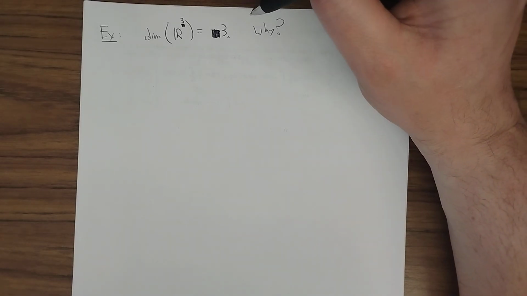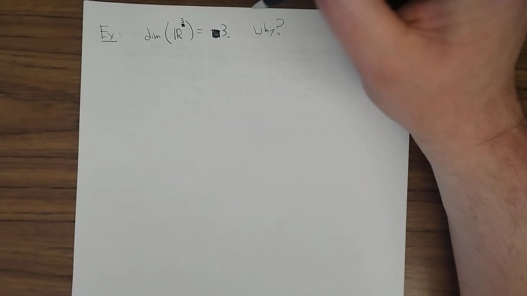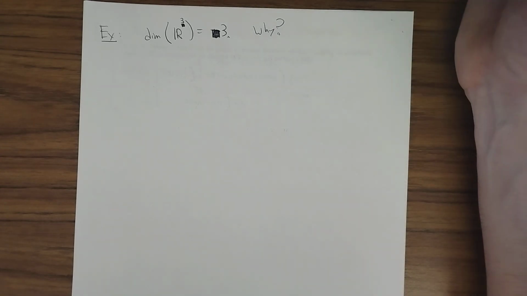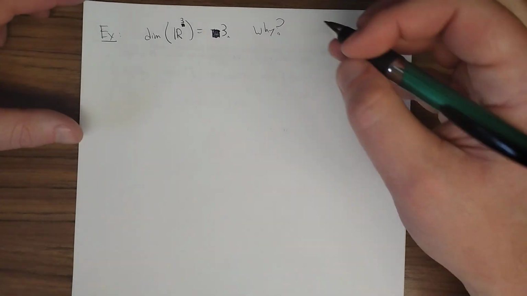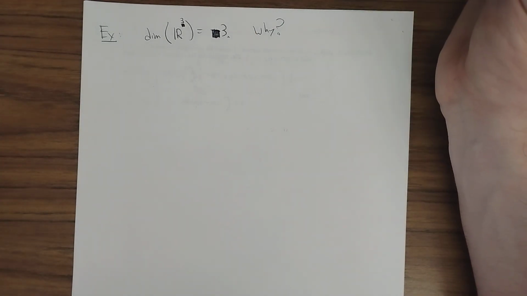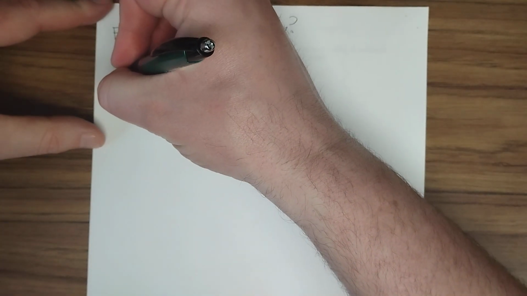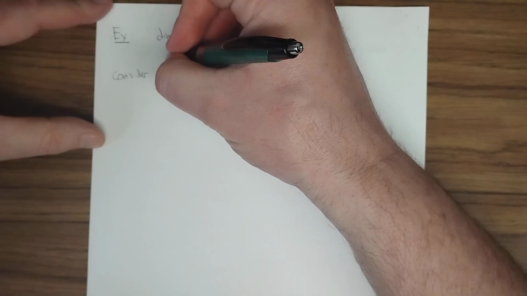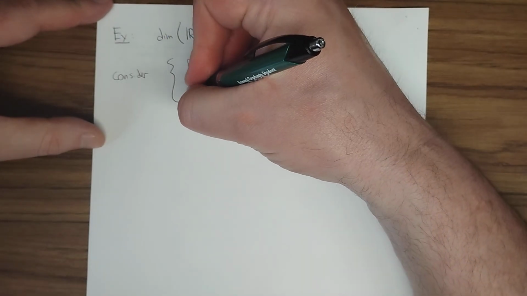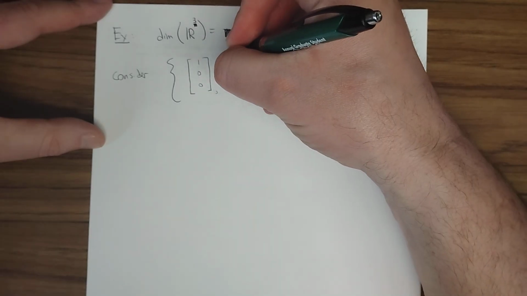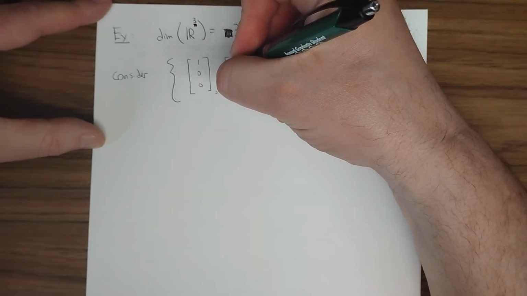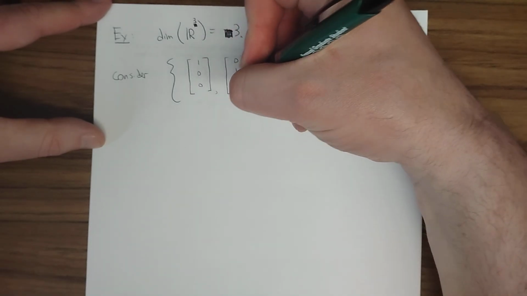But now that I'm using the word dimension this other way, let's check that everything checks out. So why, according to the definition that I just gave, is this a three-dimensional space? What I'm going to do is give you a basis that has 3 vectors in it. This is probably the most standard basis of R3.